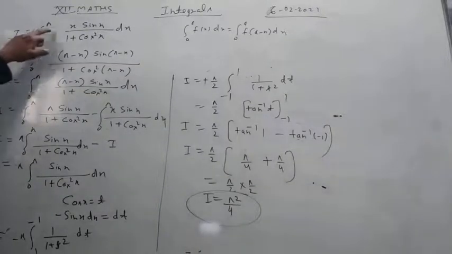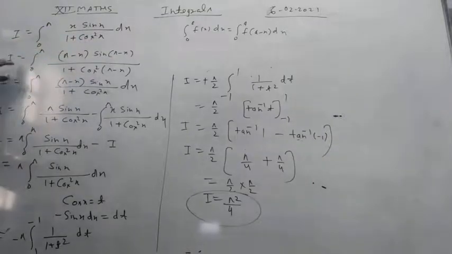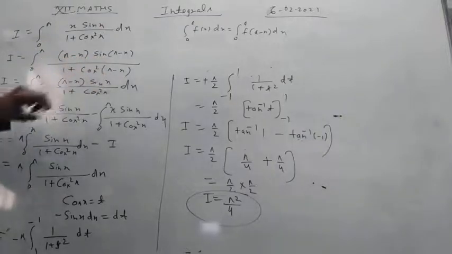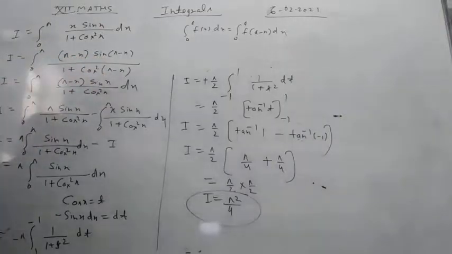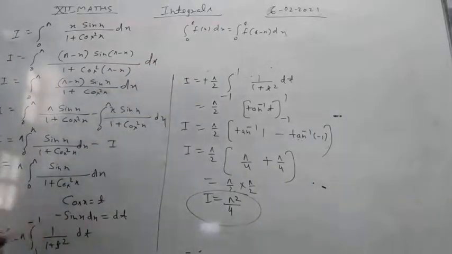Our I is integral 0 to pi of x sin x by 1 plus cos square x dx. I is equal to integral 0 to pi of (pi minus x) sin(pi minus x) by 1 plus cos square(pi minus x) dx.